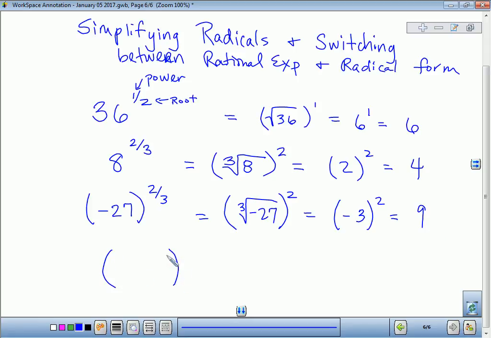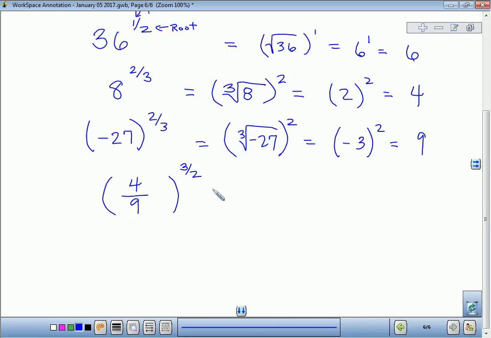Okay. Let's throw a fraction in here and raise it to a rational exponent. Okay. What is the root? Is it cubed root or square root? Square root. The denominator gives me the root. So this is the square root.